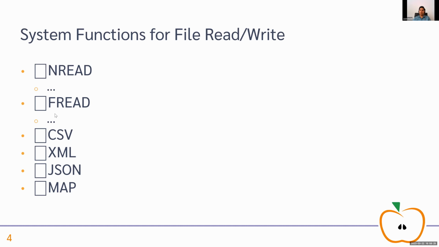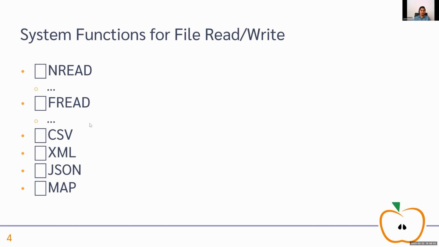This is a Dyalog way of representing arrays, where you can have a complex nested array and push it out to a file using these quad F functions. There's a whole host of different functions. If you just type quad N in the session, you'll see the autocomplete fill this out.